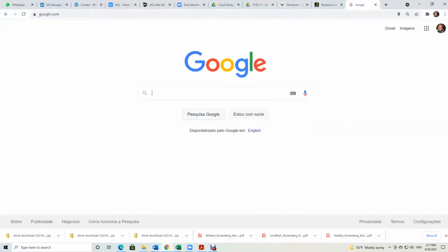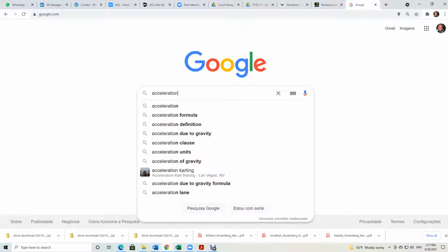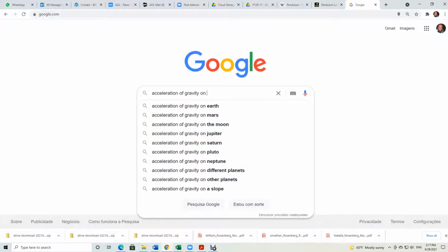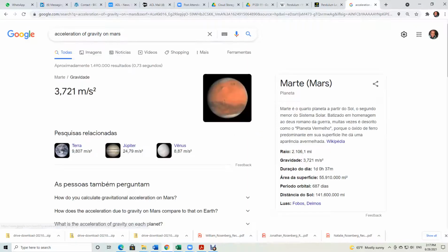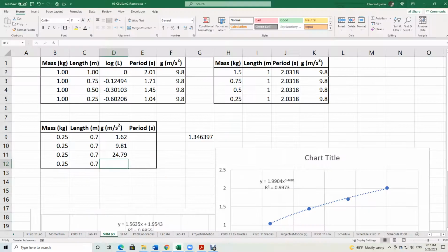Here you go. Acceleration of gravity on Mars. 3.721. It's a matter of getting the period right now. Perform the experiment, the simulation for the period.